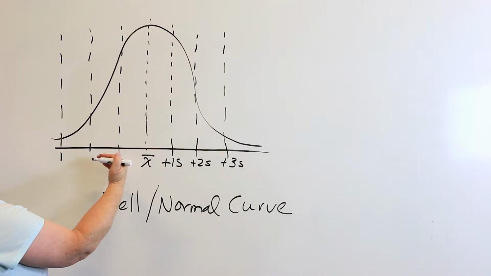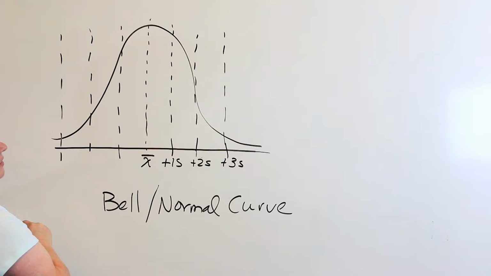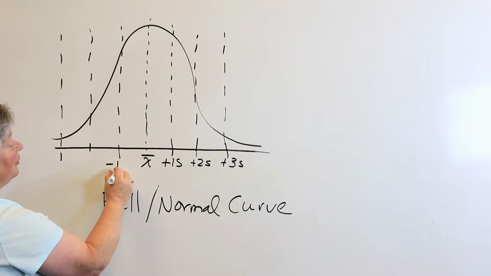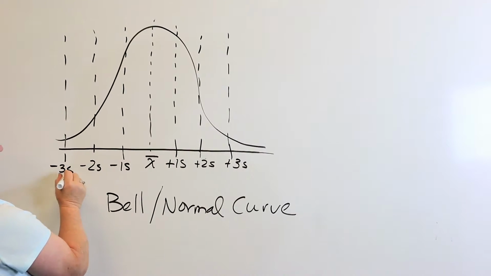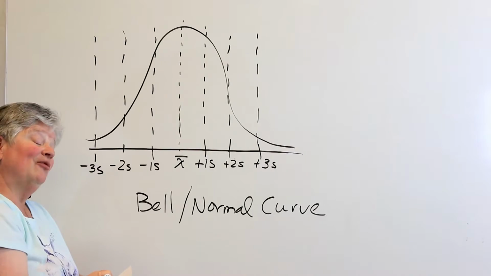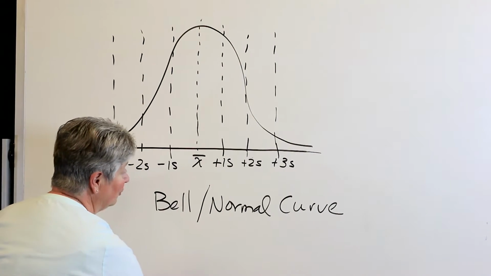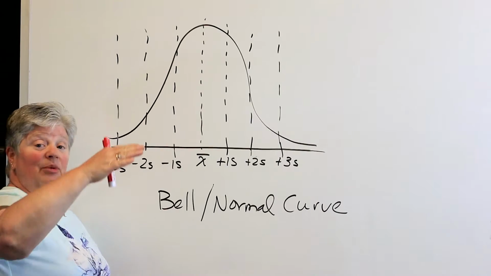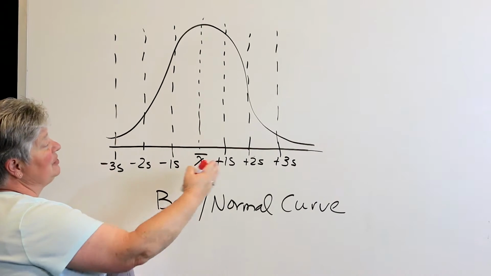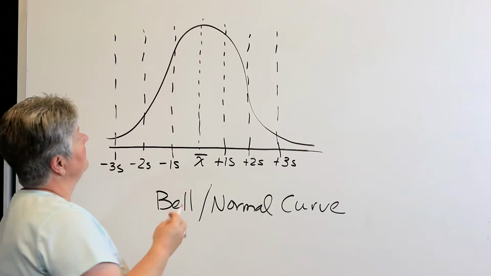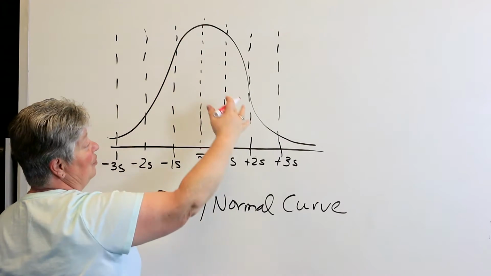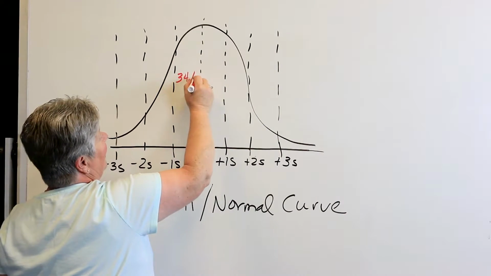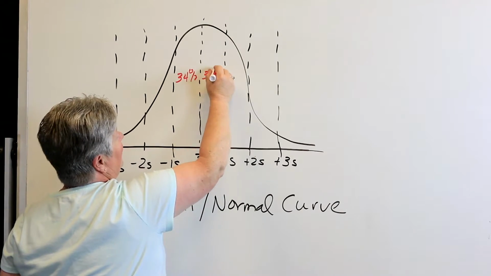When we see how our data looks below the mean, to the left, we're subtracting a standard deviation each time. Now, if we have this natural, evenly distributed bell curve, it distributes itself in a very specific way. Within one standard deviation, positive or negative, 34% on each side of our mean exists.